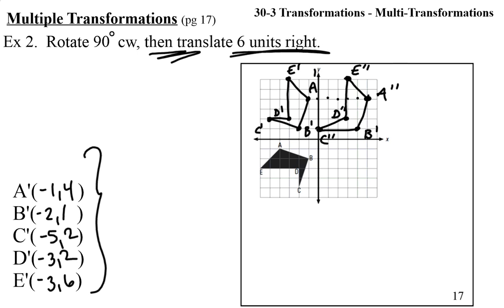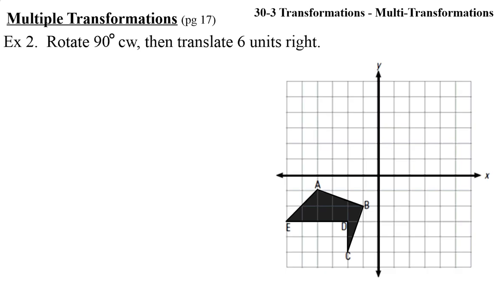And there's where, whoop, not quite, my C's in the wrong spot. There's my problem. There's my C double prime. There we go. So there's the two-step transformation.